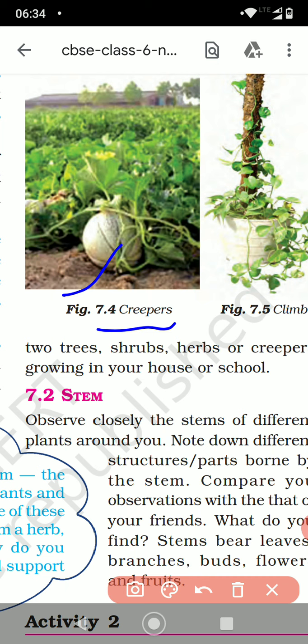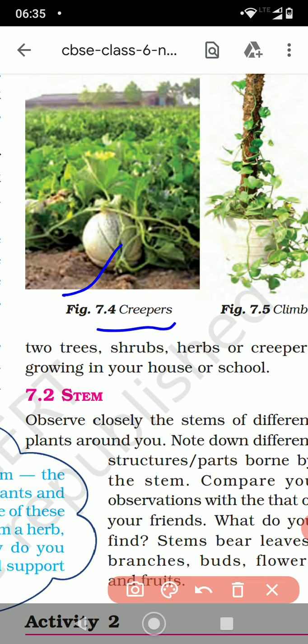Now you can see the climber, money plant, it's a climber. So now we know that in climber and creeper you can't differentiate on the basis of the stem, the place where the branches start from in the stem, and the thickness. The creepers' and climbers' stems are green, tender and very soft.